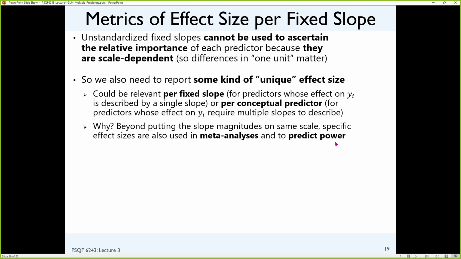And other people might want to plan their own study using what you found, and you can help them predict how many people they need to have adequate power. So effect sizes are useful for conveying lots of things, helping to contribute to a broader literature more generally.